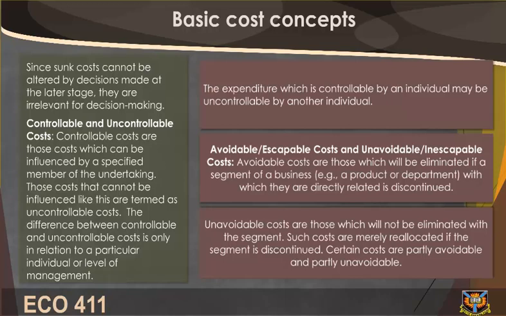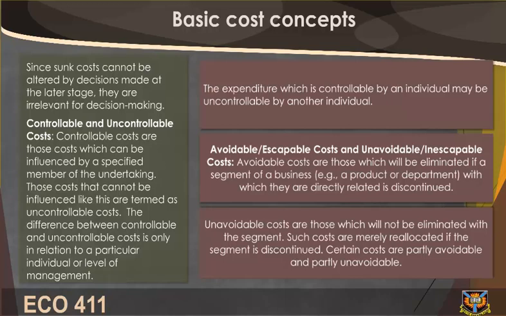Avoidable, escapable costs and unavoidable, inescapable costs. Avoidable costs are those which will be eliminated if a segment of a business, for example, a product or department with which they are directly related, is discontinued. Unavoidable costs are those which will not be eliminated with the segment. Such costs are merely reallocated if the segment is discontinued.